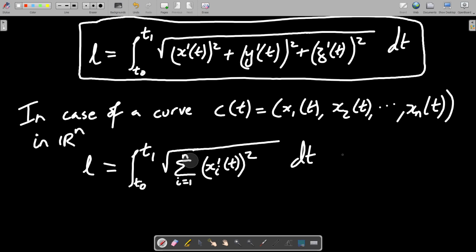This is in case of n-dimensional curves. Let us see some examples on this before proceeding further.